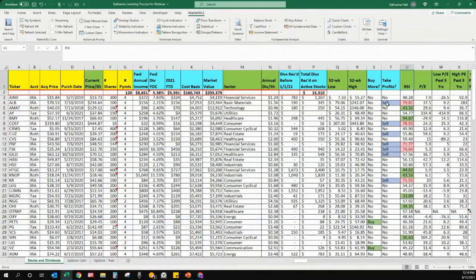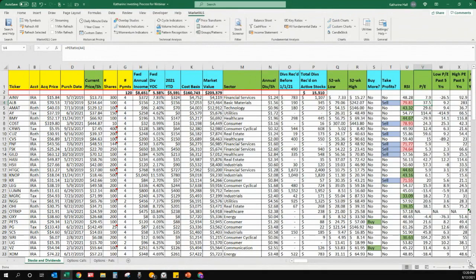And so if I see 2 things aligning, like here on Albemarle shares, this is greater than 90% of the distance between the 52-week low and high, and the RSI is clearly in overbought territory, then that's 2 things telling me maybe it's time to sell those shares. And honestly, I would love to sell these shares, but I've got them covered with a call, and I can't do that right now.